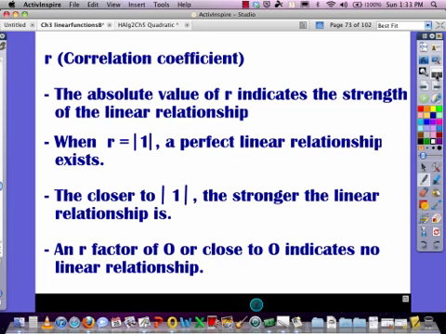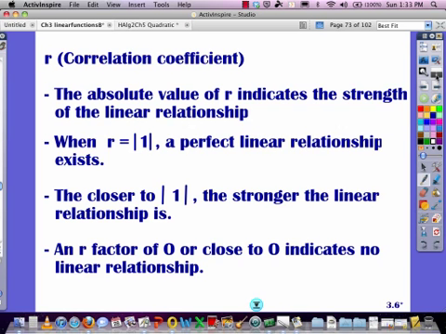Now, when we use these today, we're going to be doing a problem when we come to class with our calculator. So make sure you understand what a correlation coefficient is. Make sure you understand what the 3 correlations are, because we will do one problem together that will then help us determine what is that line of best fit.